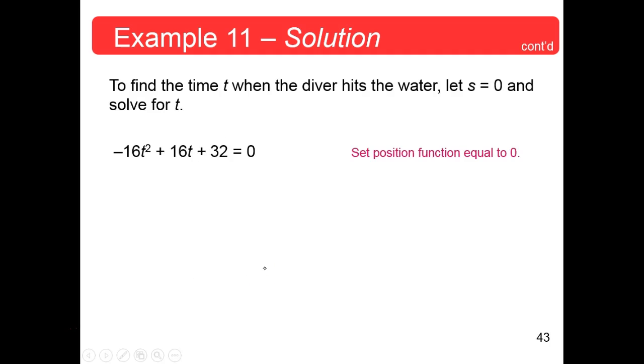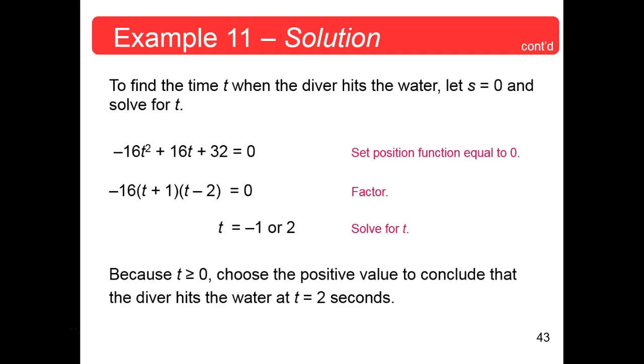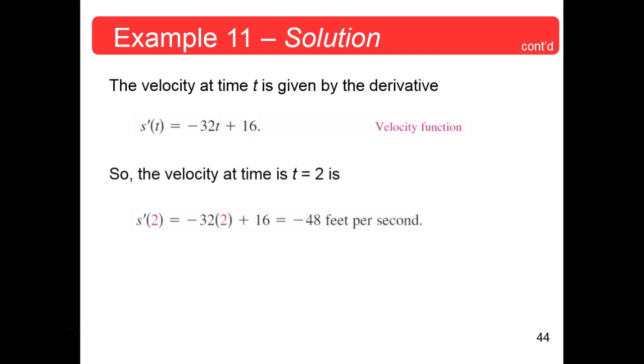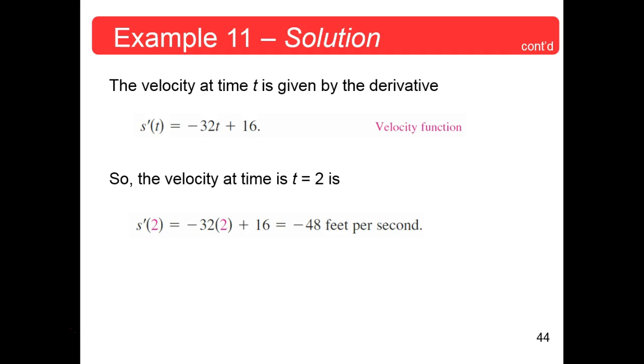That's how they got that. To find it 2 seconds after he jumped, plug in the 2. S prime of 2 would be negative 32 times 2 plus 16, which is minus 48 feet per second velocity. Any questions on that?